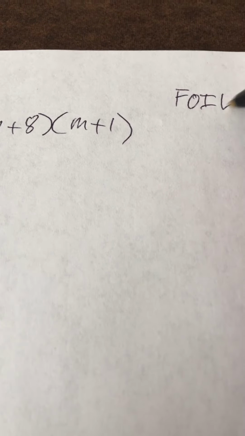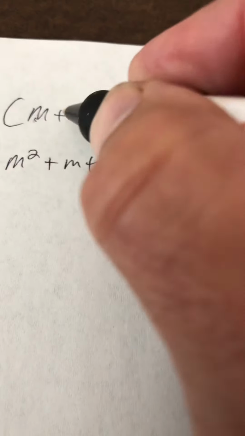Thinking about it backwards is actually a little bit easier. If you take a binomial and multiply a binomial, you're going to get a trinomial. Remember double distribution: you multiply the first times the first, which gives you m squared. The outsides give you plus 1m.